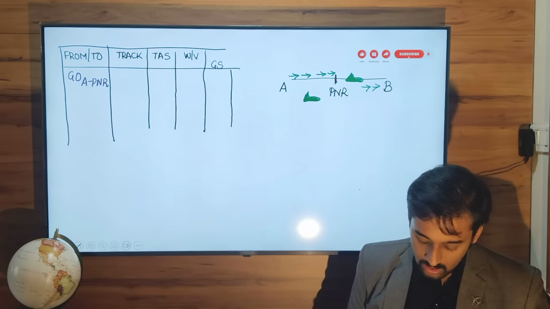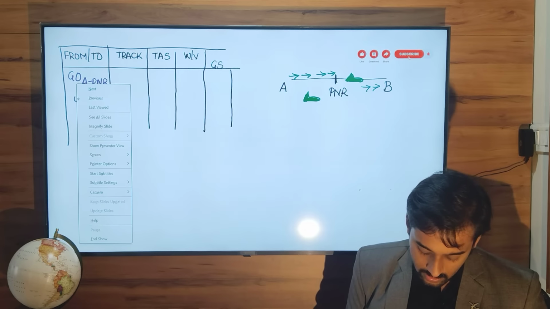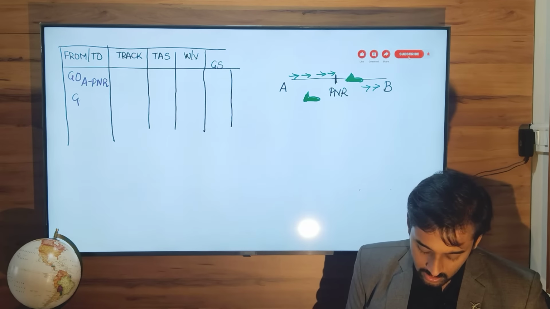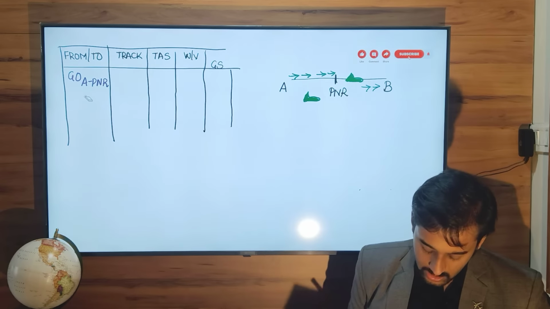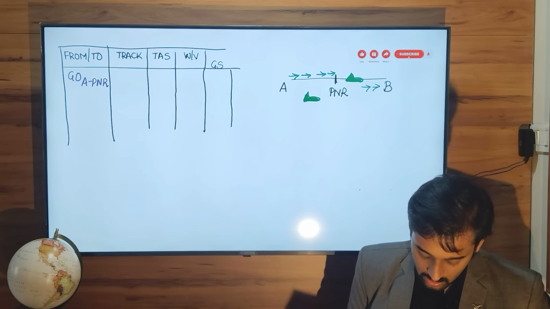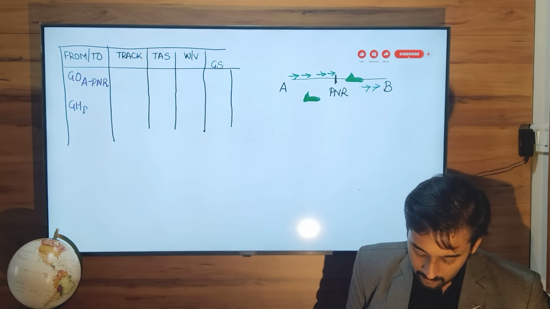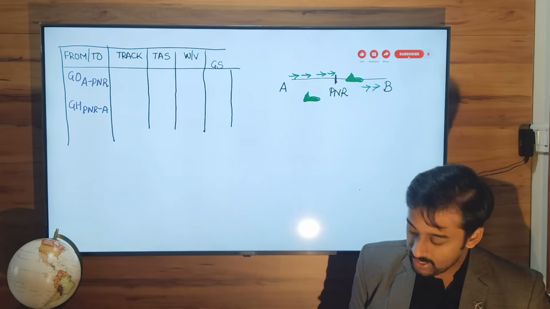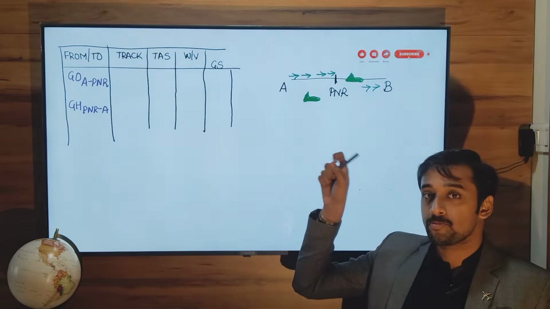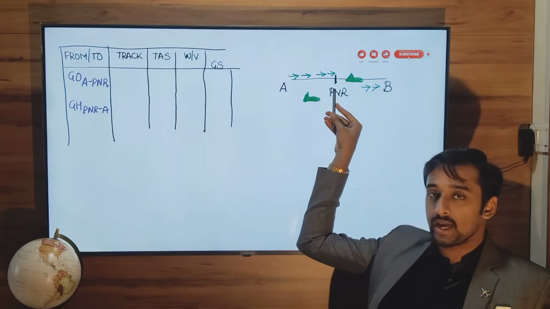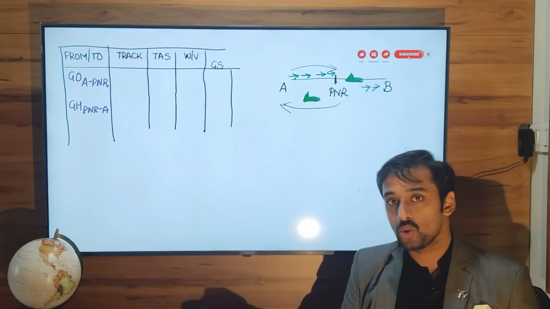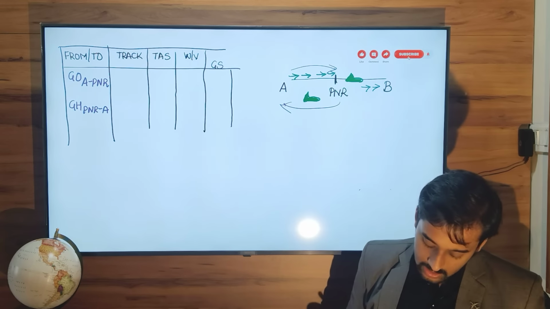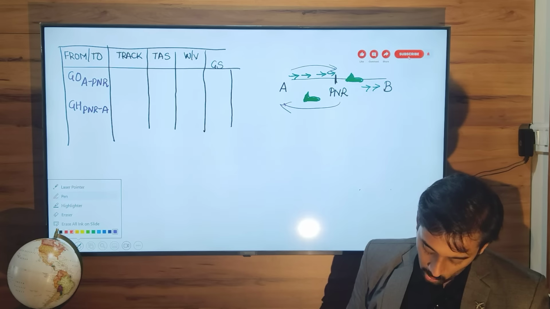And next, ground speed homebound from PNR to point A. So you are calculating the speed that you will require to go from A to PNR and then PNR back to A. These are the two rows that you will make for the point of no return.